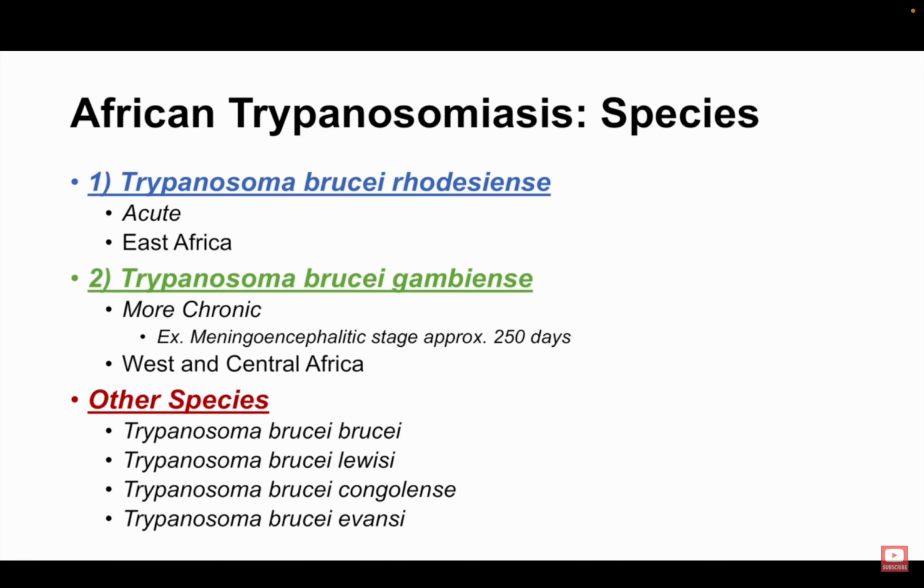Some of them include Trypanosoma brucei brucei, brucei lewisi, brucei congolense, and brucei evansi. These also can cause African trypanosomiasis, but the two most important species are Trypanosoma brucei rhodesiense and Trypanosoma brucei gambiense. So we're going to talk about those two more specifically in this lesson.